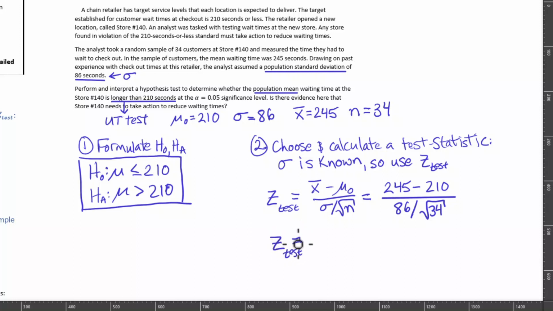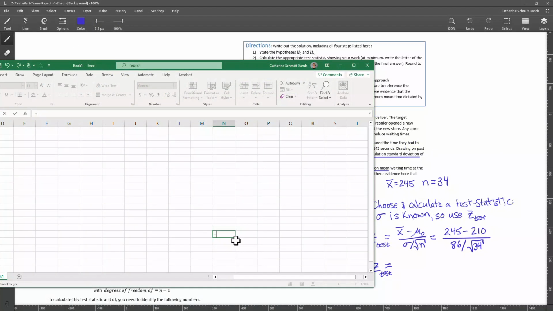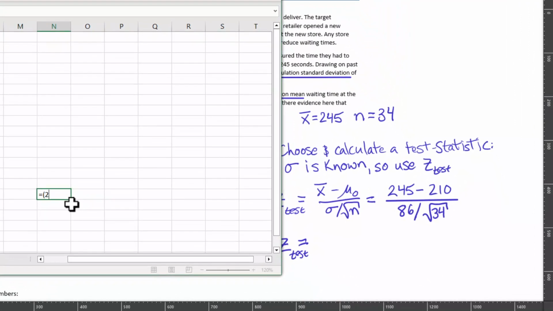We can calculate this in Excel in one step by using parentheses around the top and the bottom of the fraction. In Excel, this would be equal sign, open parentheses, 245 minus 210, close parentheses. That forces the subtraction on top to be done before the division. So division sign, and then we also have to separate out the denominator so it gets calculated separately.